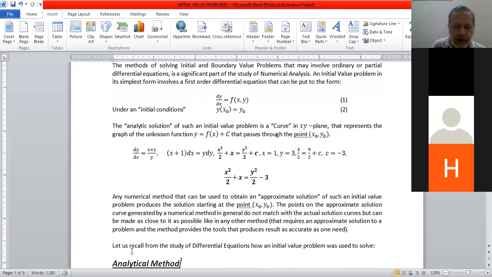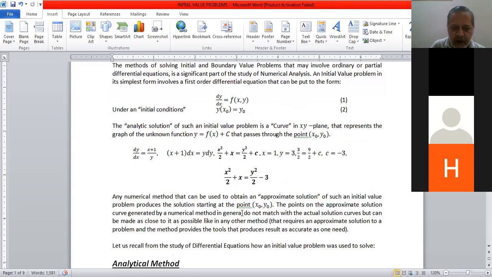On the other hand, a numerical method that can be used to obtain an approximate solution of such an initial value problem produces a solution that begins at x naught, y naught. That means the initial point given in the initial value problem. The points on the approximate solution curve are generated by the numerical method.